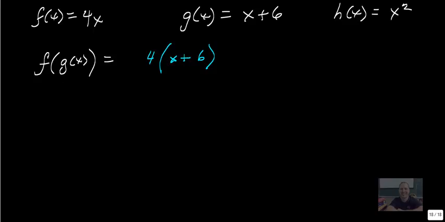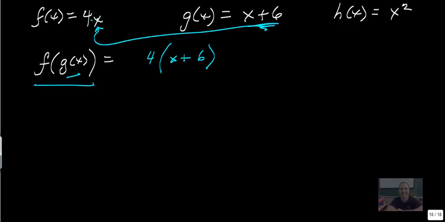Okay, an unsimplified resultant function should look like this. g of x, which is this one right here, goes inside the f of x function. See, g of x inside f of x. Wherever you see the x value of f of x, that's where you put g of x. So 4 times x plus 6. It doesn't just mean multiply. For this one it does, because 4 is multiplied by x here.